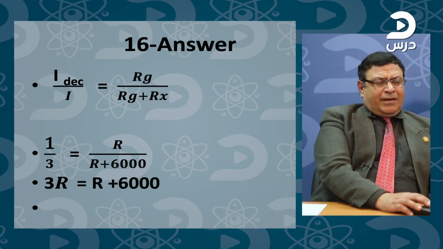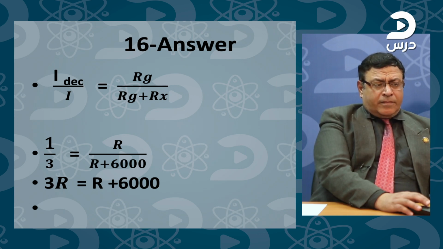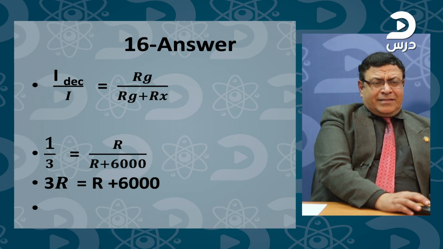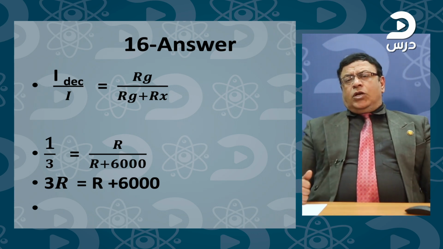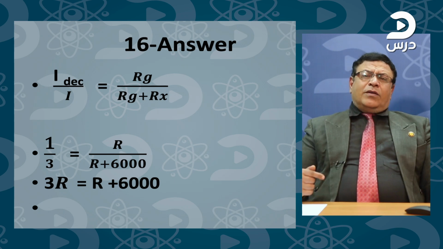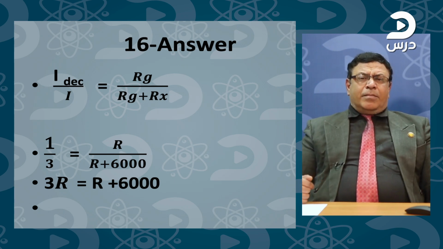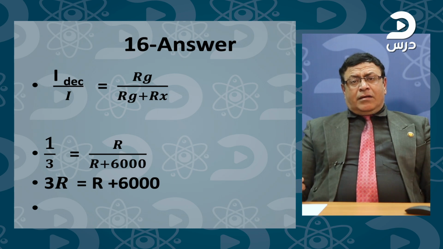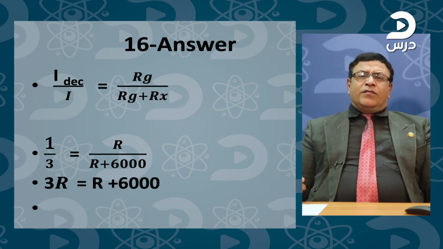Calculate the intensity. Here I can solve it with two laws or two solutions. The first law of the ohmmeter: I equals VB over (RG plus RV). When RV equals 0, I equals VB over RG.